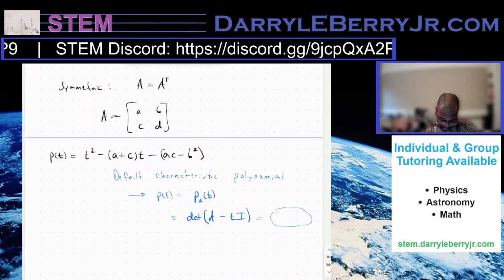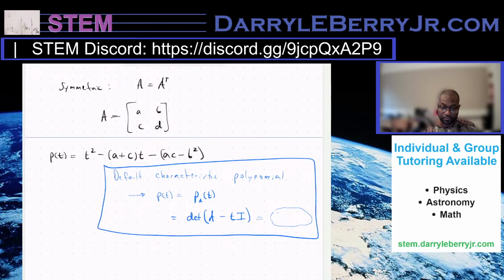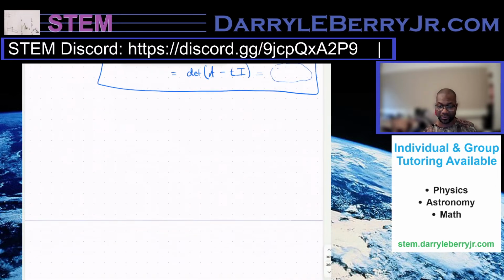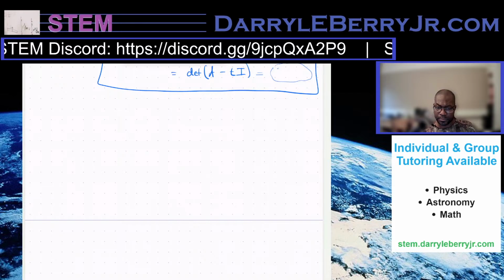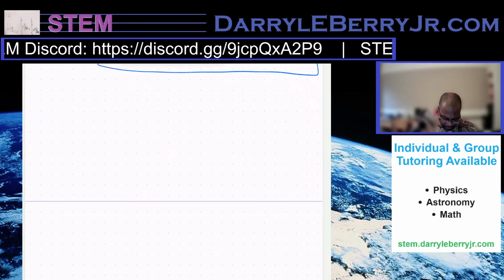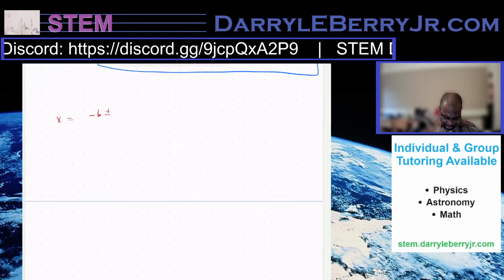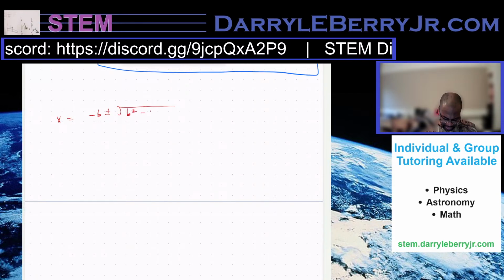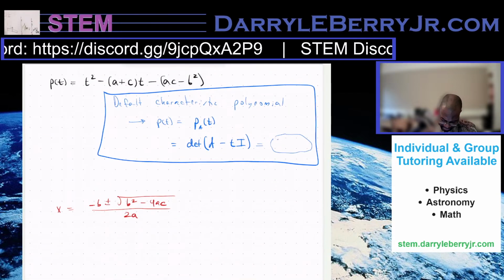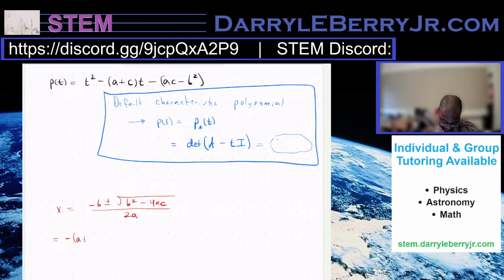But the one that we're looking for has a unique form of this. But with the quadratic formula, the eigenvalues are, to remind ourselves of the quadratic formula. Now remember, x equals negative b plus minus square root of b squared minus 4ac over 2a. So in that case, it equals negative a plus c.